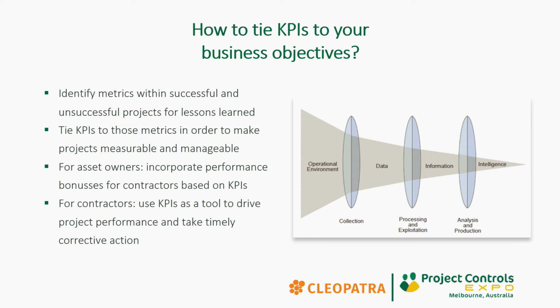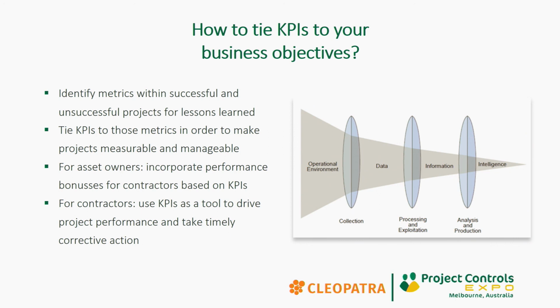For asset owners, we would say incorporate performance bonuses for contractors based on KPIs. I've heard from some potential clients that I'm working with in Perth that they're already doing this a lot. There's quite a number of owner companies that are giving bonuses to contractors to provide them with quantitative information so they can benchmark that themselves and draw lessons from it.